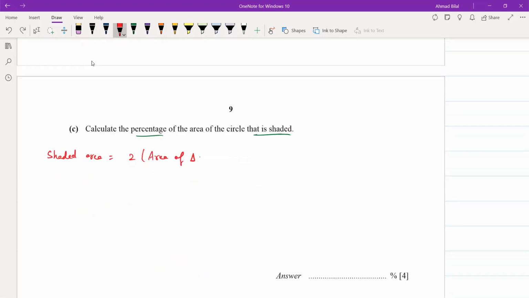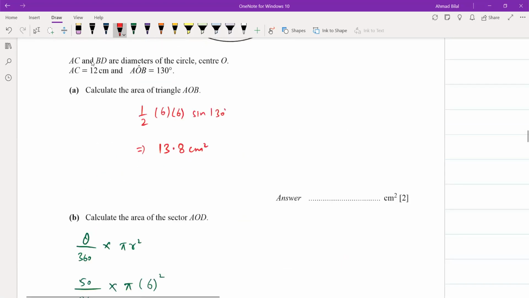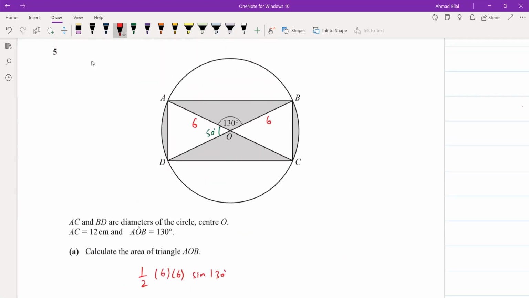That's 2 times area of triangle AOB. इसमें क्या ऐड करना है? You need to add the areas of these segments here. जो AD segment है, इसका एरिया, और इसमें ऐड करेंगे ये वाला एरिया. इसको 2 से मल्टीप्लाई कर दें, ये दोनों एरियाज हमें चाहिए. ठीक है, सेगमेंट के एरियाज चाहिए.